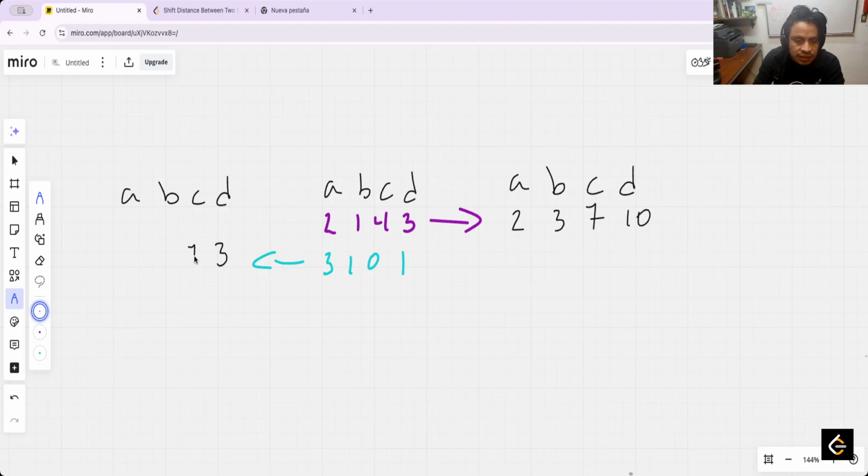The next is 7, the next is 8, and the last is 10. No, sorry, it's the blue, it's this. Now here is 1, 1, 2, 5.